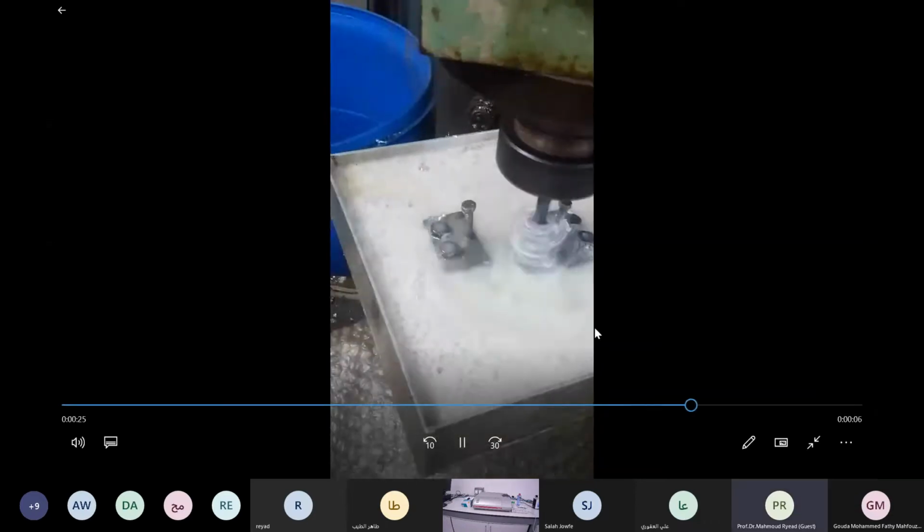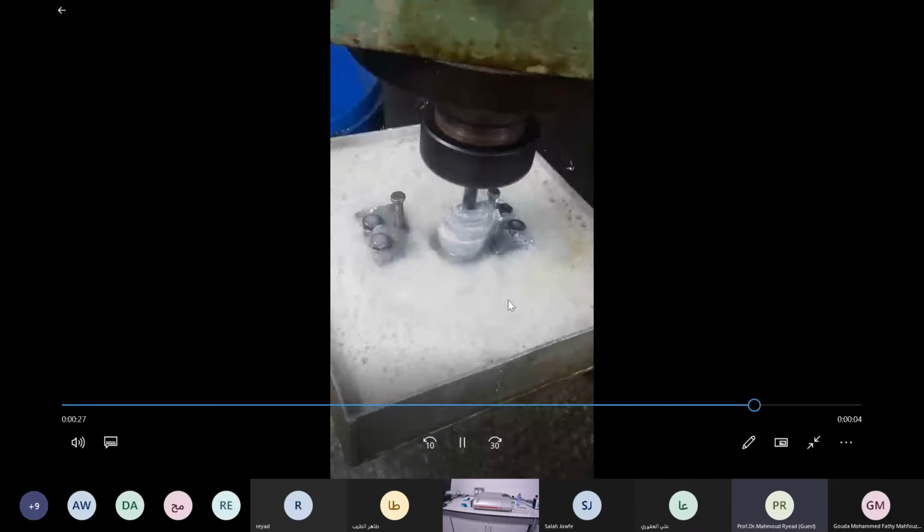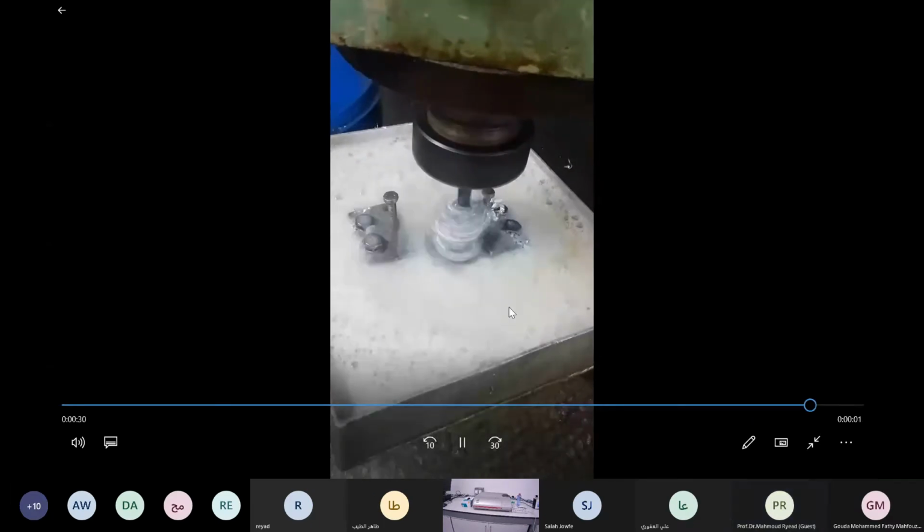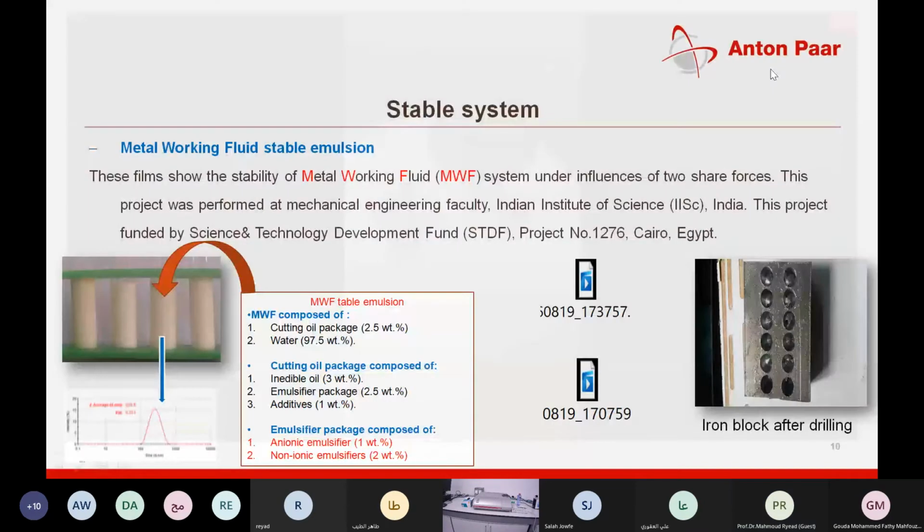We note the stability of the emulsion under operating temperature. The last experimental test is emulsified diesel fuel.